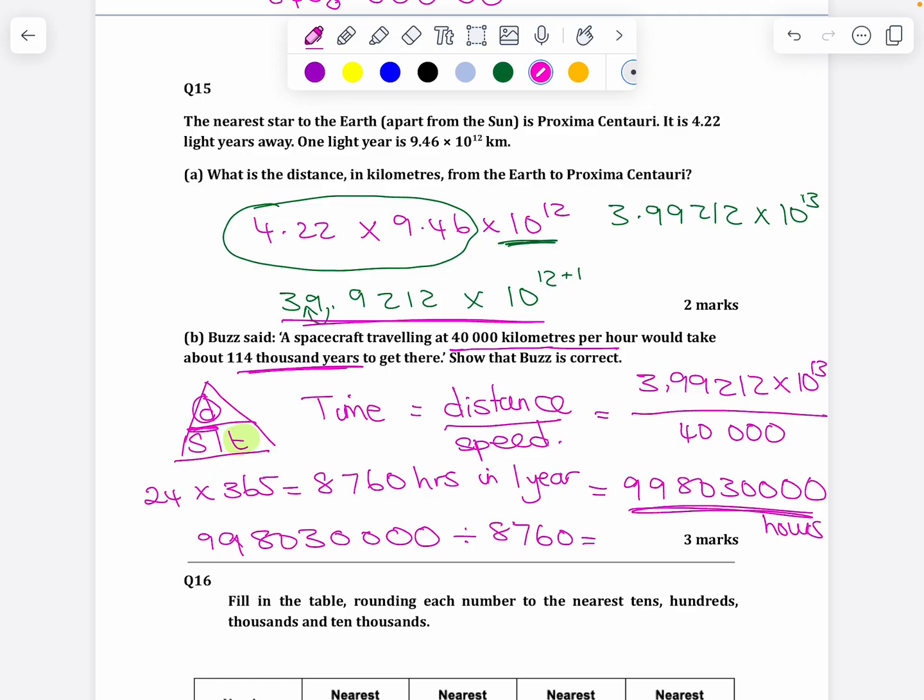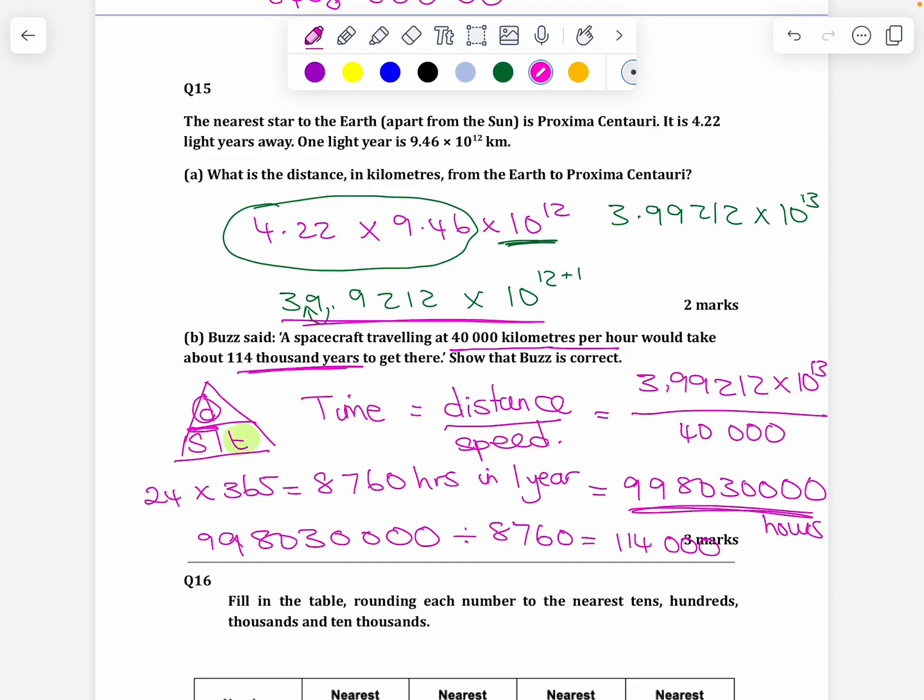If we do that, bear with me for a moment, I'm just going to do that on my calculator, and you should also do it on yours to check. Divided by 8,760, it is roughly 114,000 years, to 3 significant figures. So he is correct. Just showing your working is enough to show that he is correct.